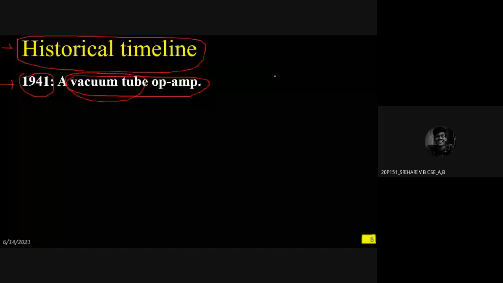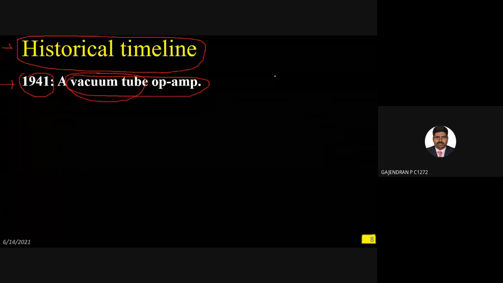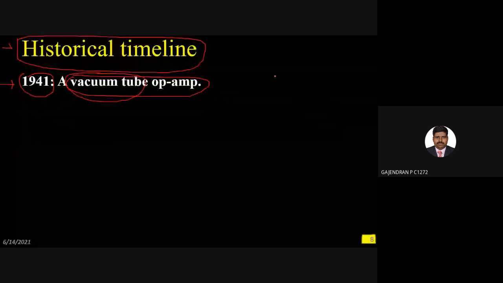So triode stands for 3 electrodes, am I right? What will be tetrode? 4. Pentode means 5. So there are different numbers of electrodes, and according to those, it operates. That was the vacuum tube.